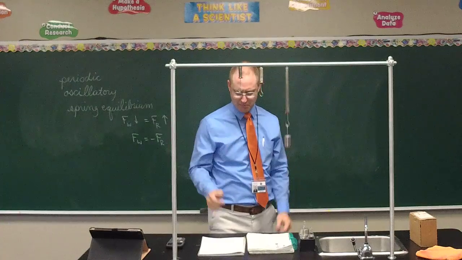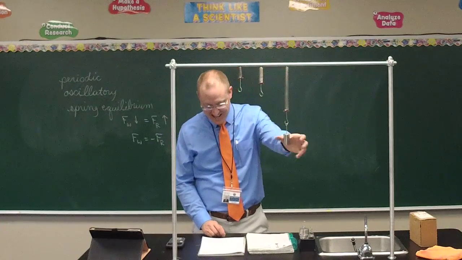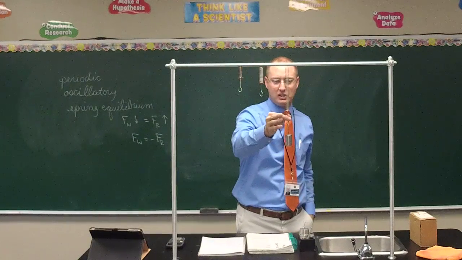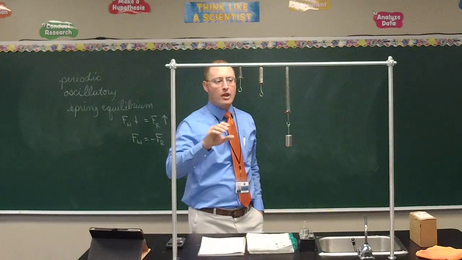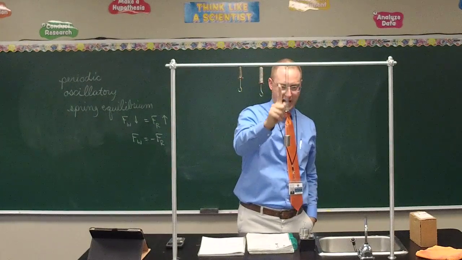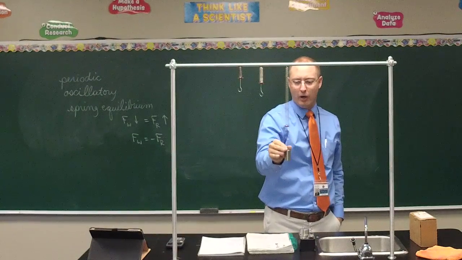Okay, we can try to draw some geometry parallels. Now, let's talk about what's going on in this oscillation, because we said right here at equilibrium, everything's in balance, right? There is the same amount of weight downward as there is restorative force acting upward, correct? Well, what if I pull down?